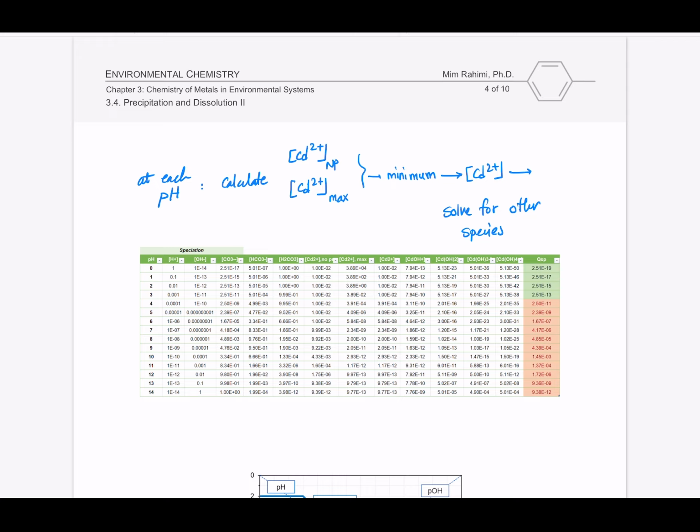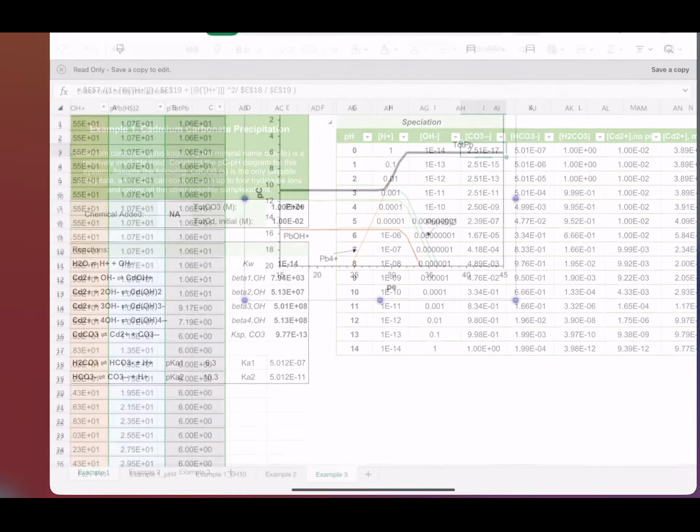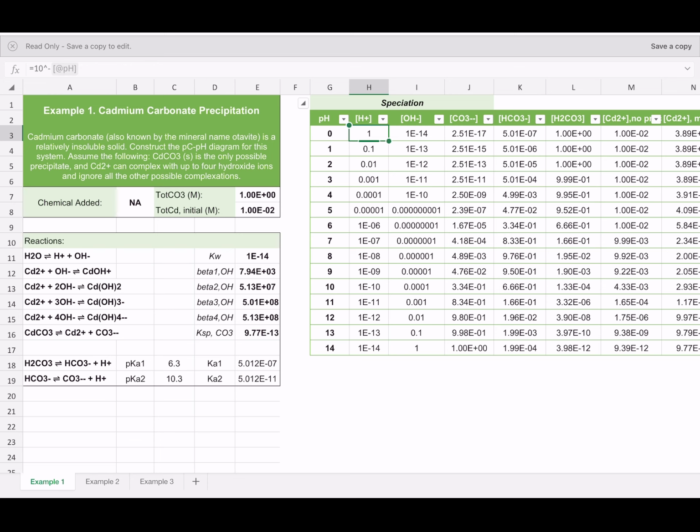So that was what we talked about in the previous lecture. If we go back to Excel, we have the pH term, obviously. The first thing is to calculate the carbonate concentration, because we need that later. The carbonate concentration was from a closed system total mass balance; alpha terms could be used.